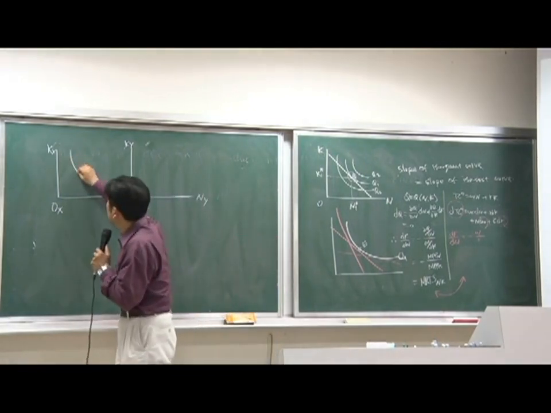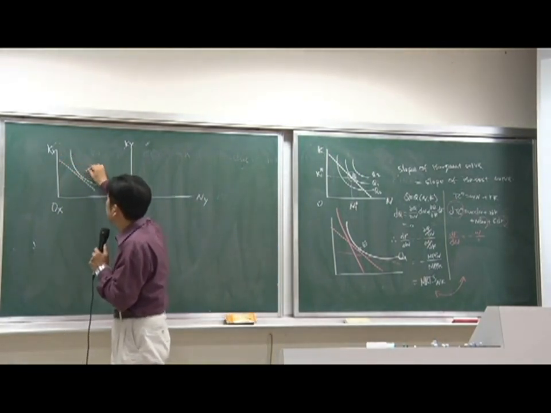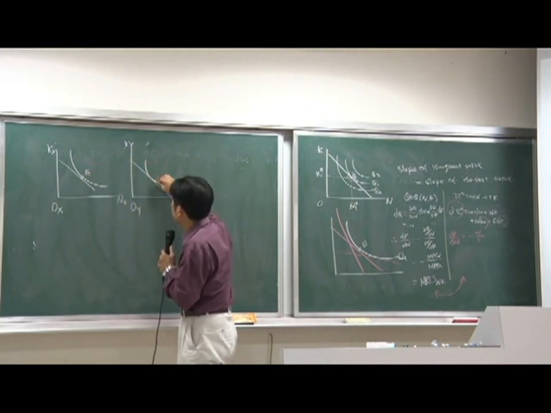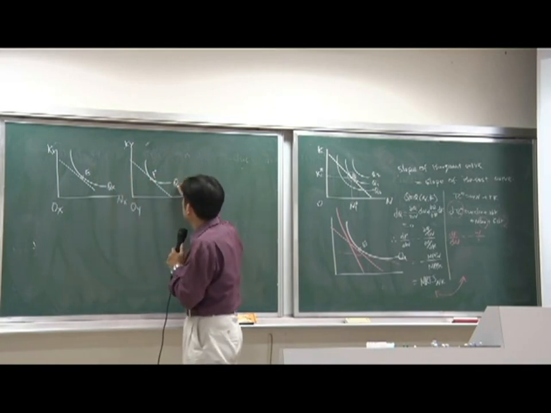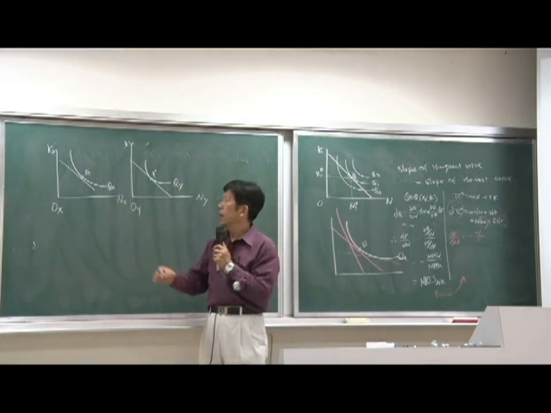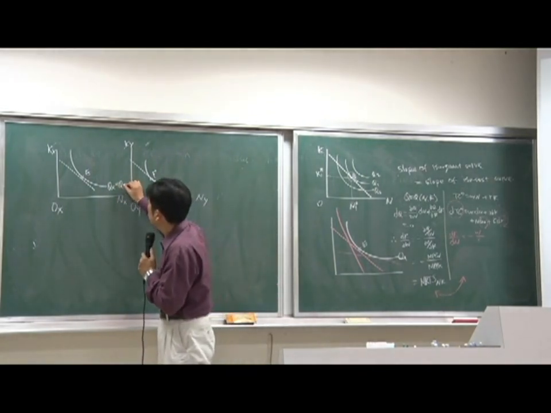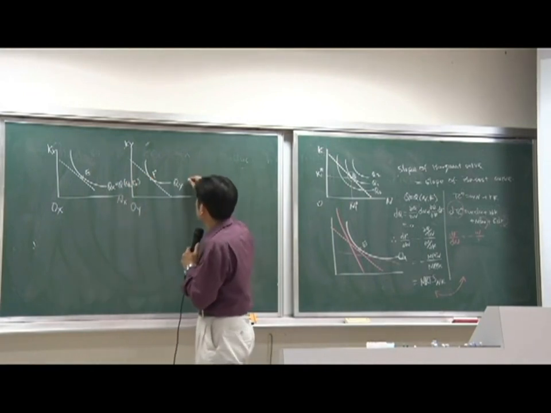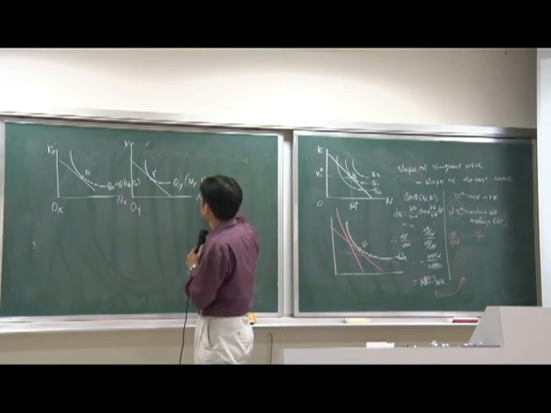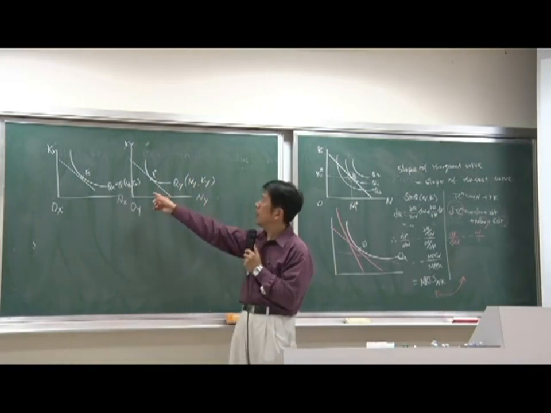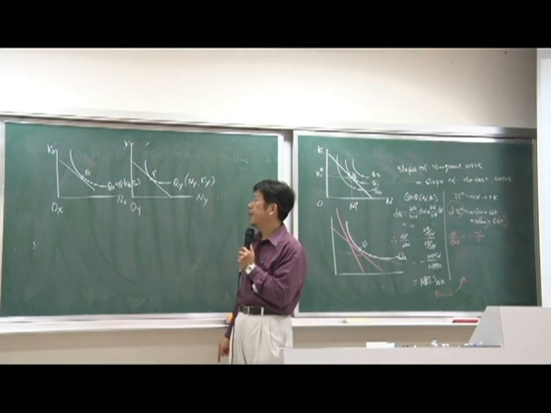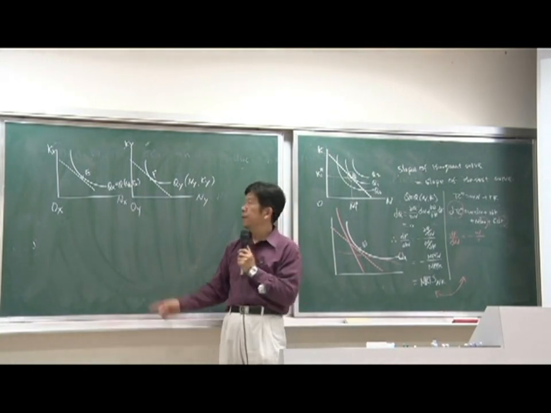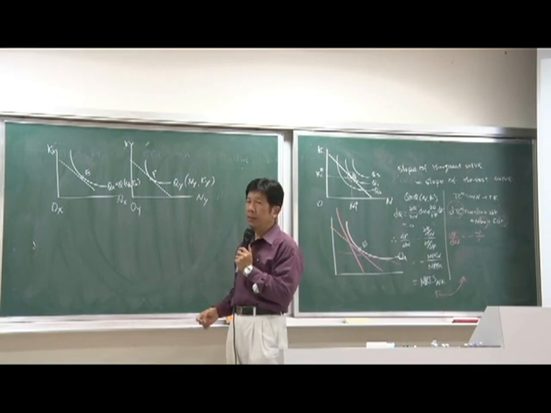So you can find this is point E and this is point F. This represents QX and this is QY. They use QX with NX, KX, and QY with NY, KY. So you can see the two producers already have the best choice for production. After that, we combine this situation together.